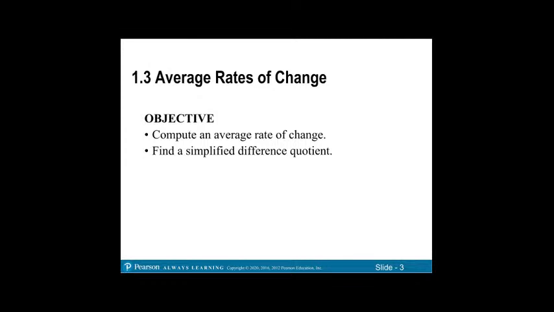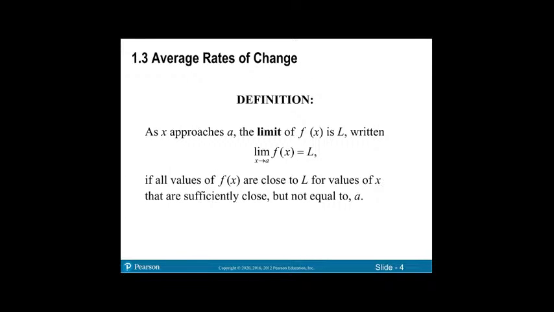So this comes from section 1.3, average rates of change. The objectives here are to compute an average rate of change and to find a simplified difference quotient. Some definitions here: as x approaches a, the limit of f of x is L, written the limit as x approaches a of f of x is L, if all values of f of x are close to L for values of x that are sufficiently close but not equal to a.